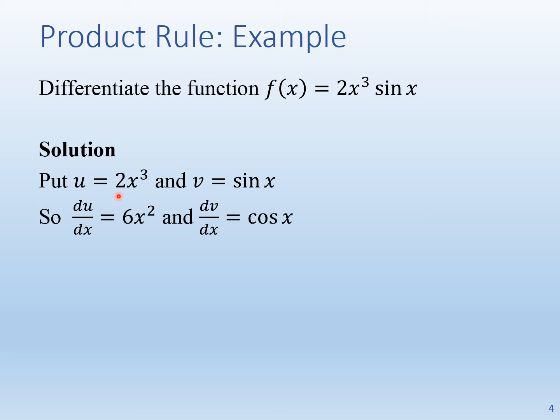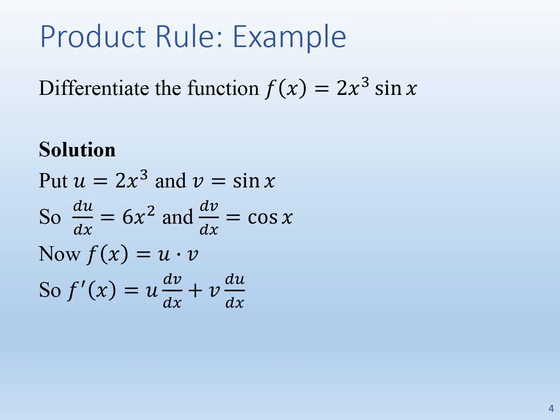Now the derivative of u is just 6x squared, and the derivative of v is just cosine x. So applying the product rule now, we have the first function u, which is 2x cubed, multiplied by the derivative of the second function, which of course is our cosine x.